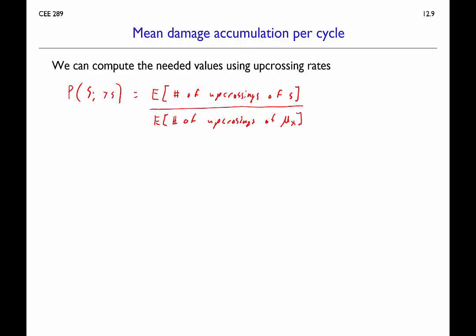There's one question, which relates to my picture on the previous slide: what about if there's 2 upcrossings in a cycle?